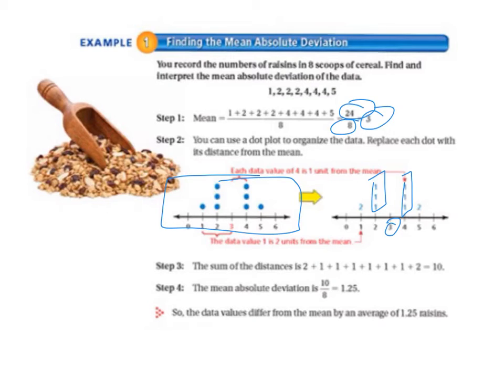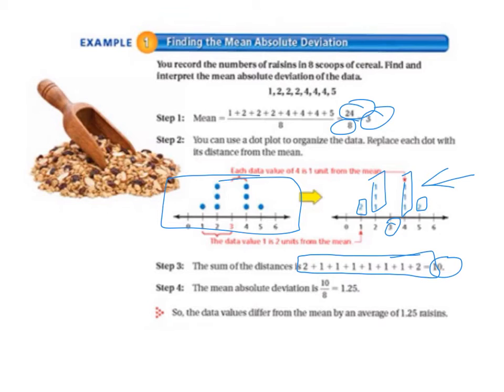5 is 2 away from the mean. So instead of a dot, you put a 2. And 3 is 2 away from the mean. So instead of a dot, you put a 2. Step 3, the sum of the distances. So you're adding up all these numbers in your new distance plot equals 10.